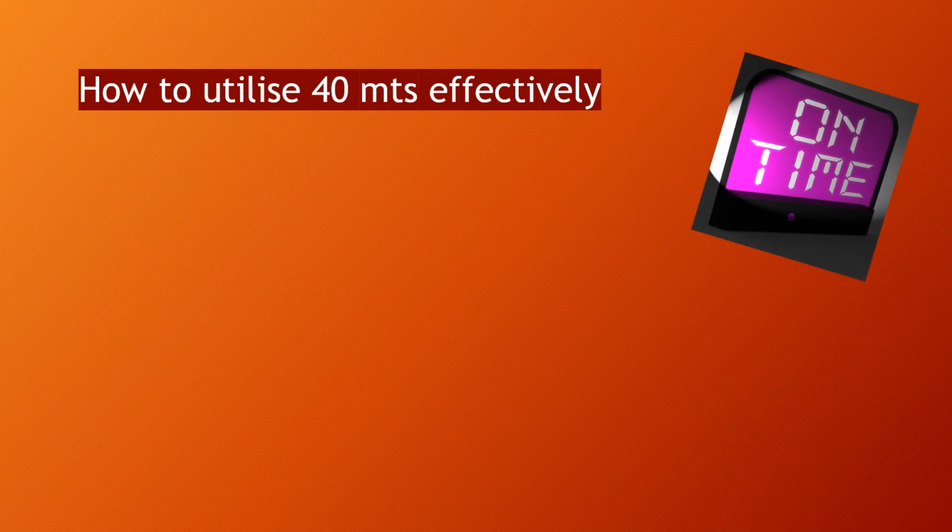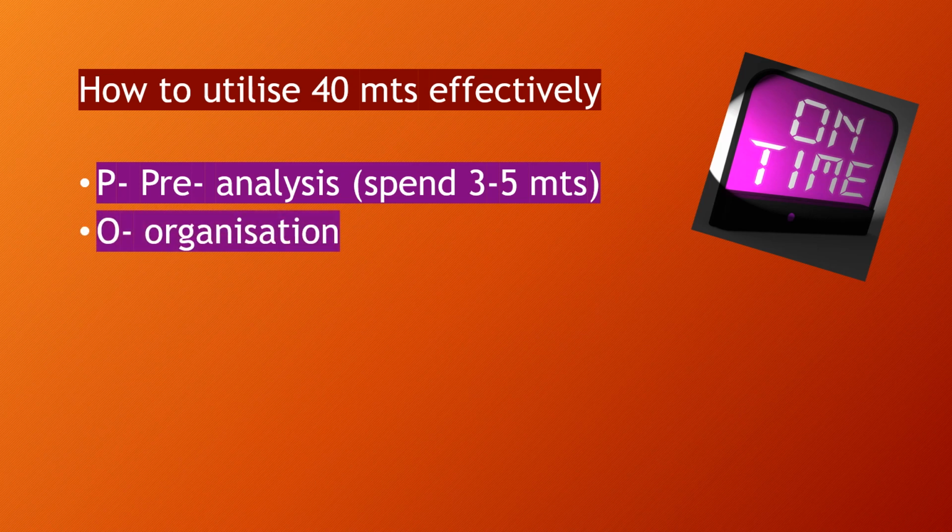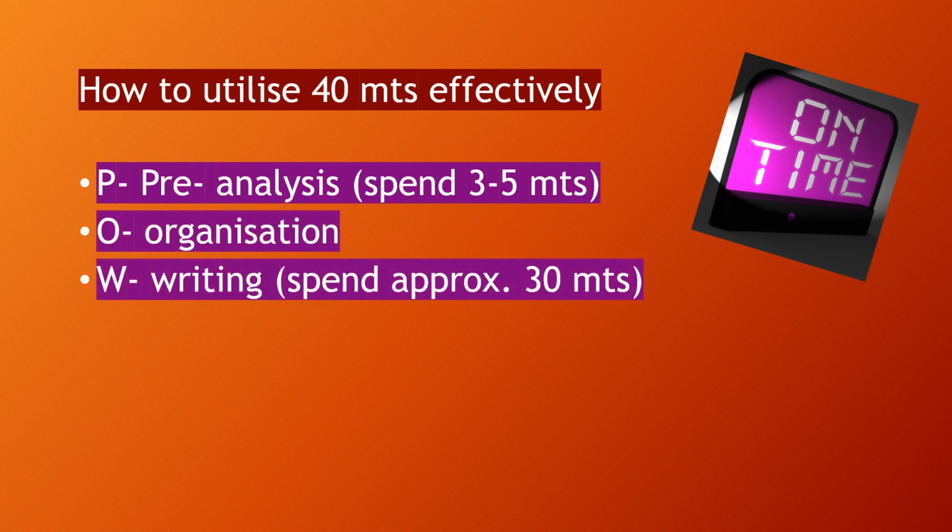All right, now let's take a look at how to utilize 40 minutes effectively. Now, friends, always remember the word POWER, in which P is for pre-analysis, wherein you need to spend 3 to 5 minutes making your notes, and then O is organization, that once you've made your notes, you should be able to identify and prioritize to what extent the first point should come, and then in the sequencing, the rest of the points.